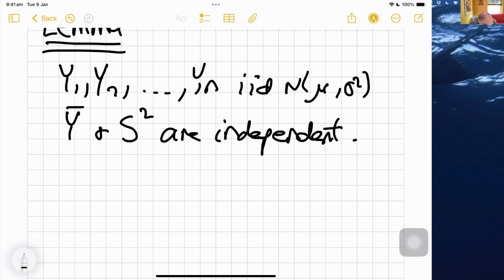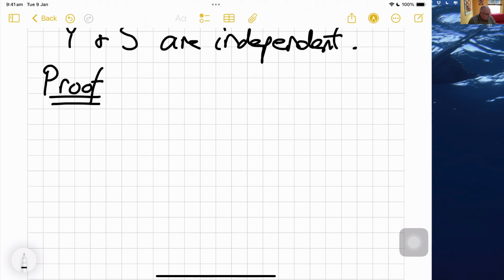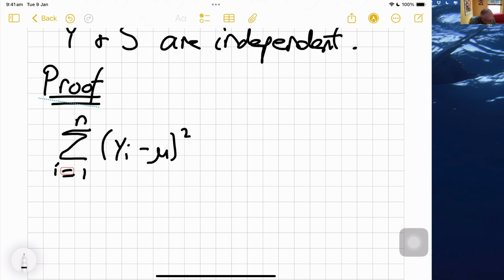So let's think about the proof. We're going to start a bit strangely. We're going to start by considering something that will make you ask, why are you doing that? But it will slowly come together. Let's look at the sum as i goes from 1 to n of (yi minus mu) squared.